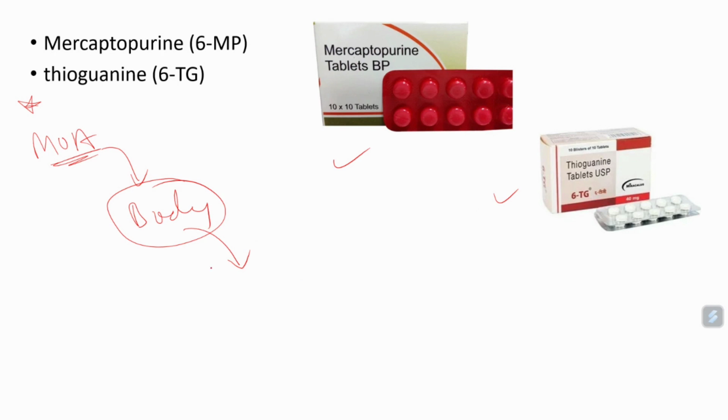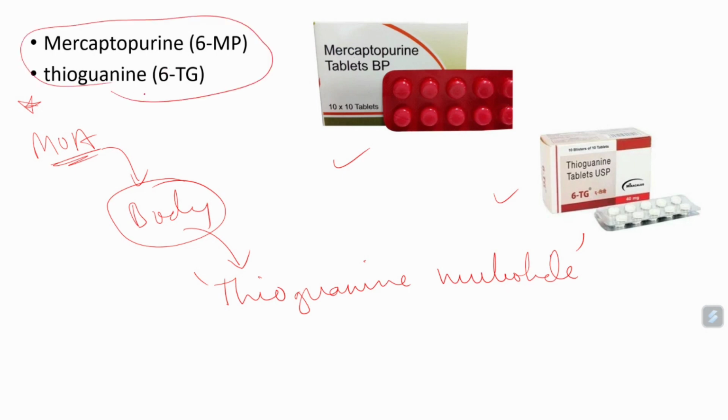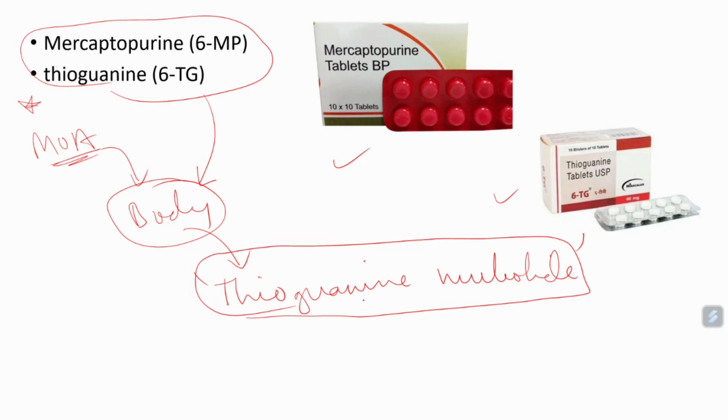They are converted into thioguanine nucleotide. This is one form of the drug. Mercaptopurine and thioguanine are converted into thioguanine nucleotide, and this thioguanine nucleotide is very similar to purines.